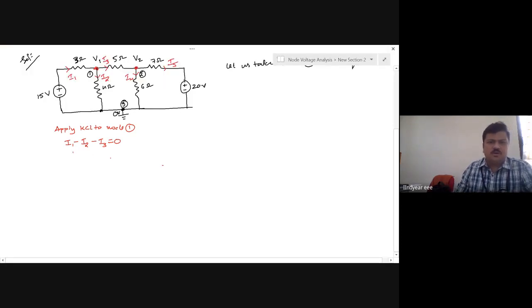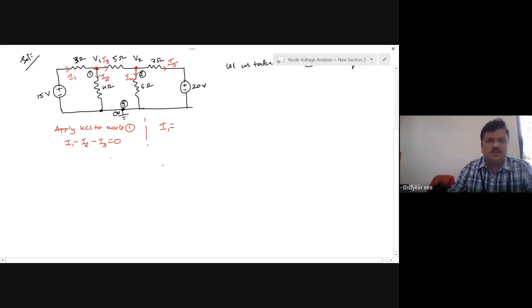Now for the first one or two examples I will write separately what are I1, I2 and I3. Later we can write them in the same equation only. What is I1? I1 is flowing from the 15 volt source towards V1.